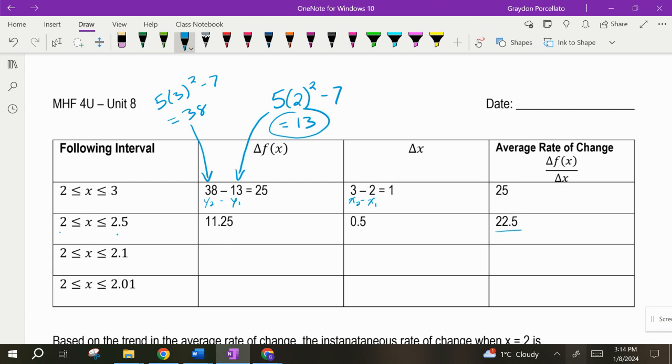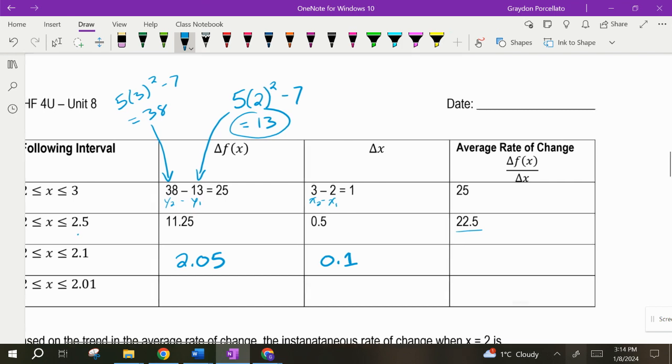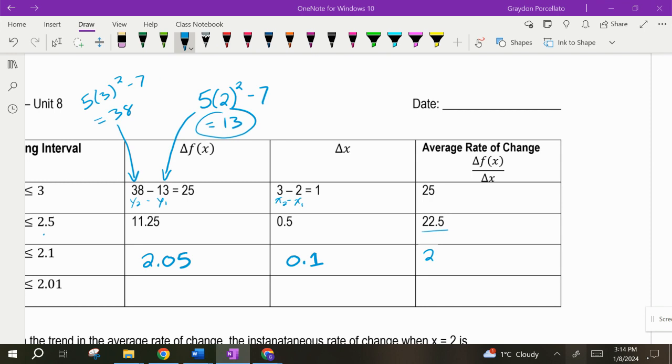If I sub in for the x coordinates 2 and 2.1, I get a change in f of x of 2.05, and a change in x of 0.1, from 2 to 2.1. If I divide 2.05 by 0.1, I get 20.5.